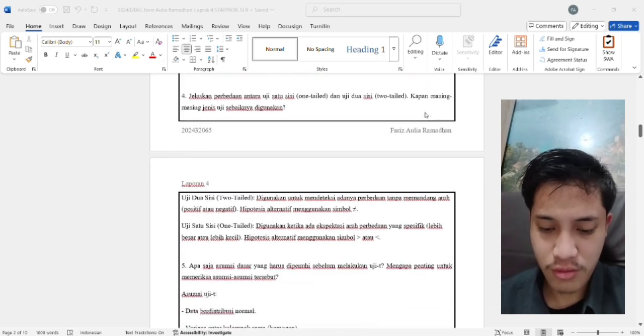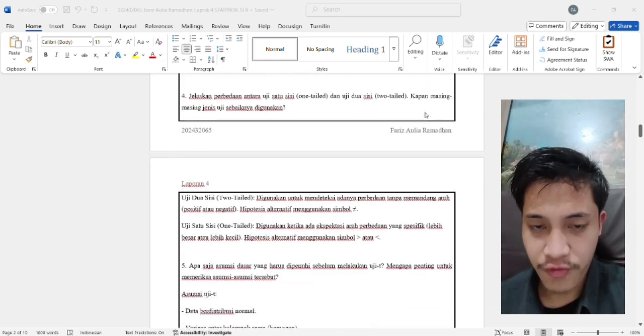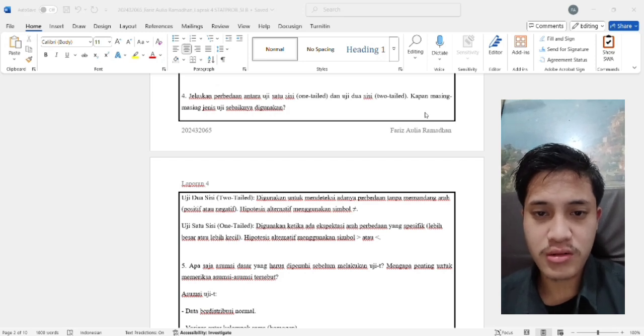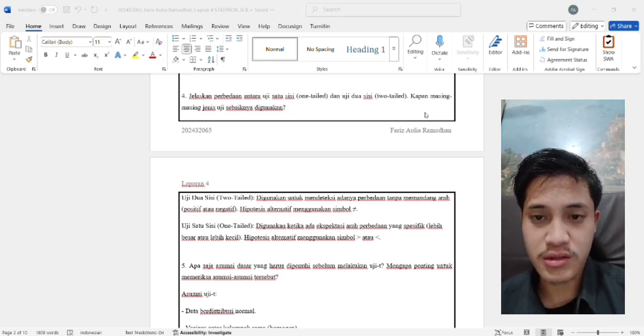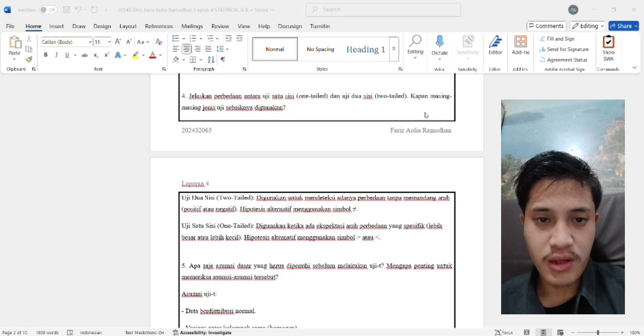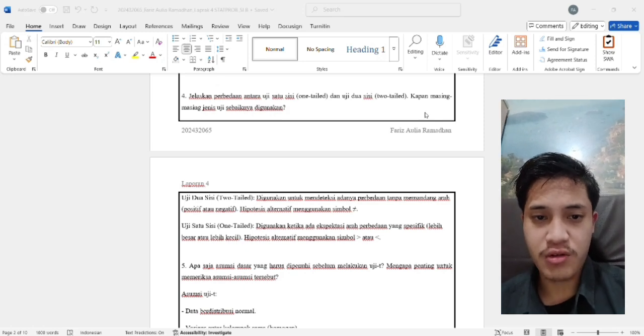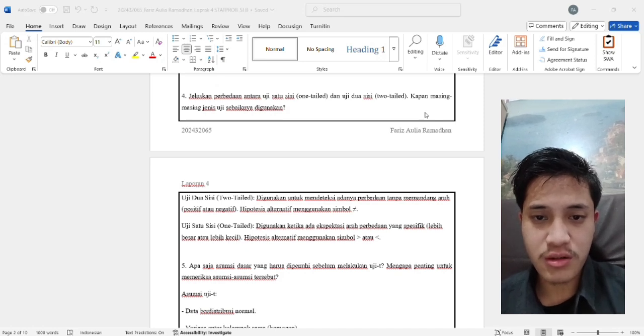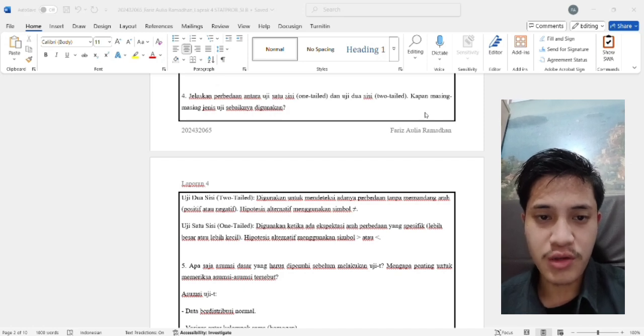Number four, explain the difference between a one-tailed and two-tailed test. When should each type of test be used? A two-tailed test is used to detect a difference regardless of the direction, whether positive or negative.